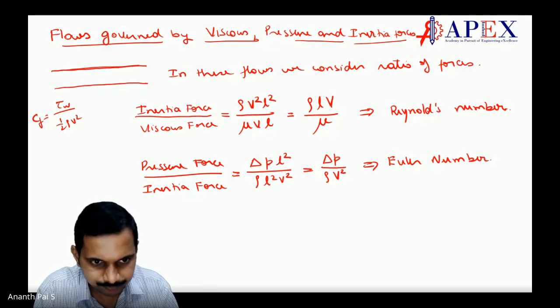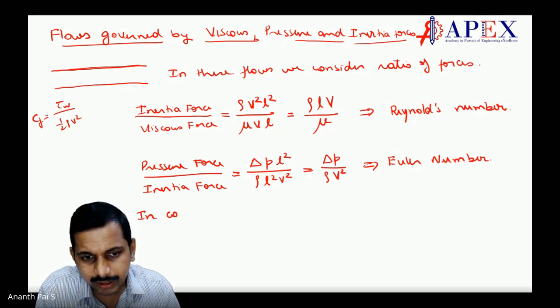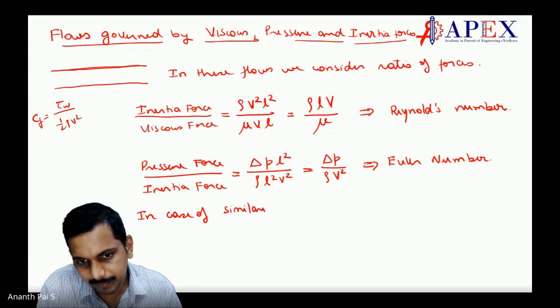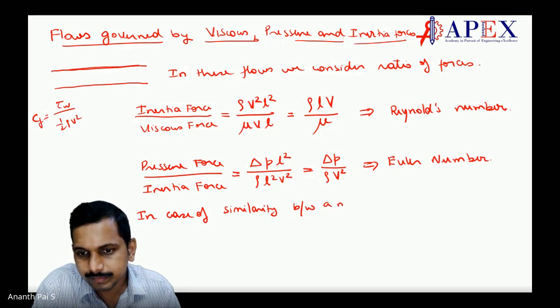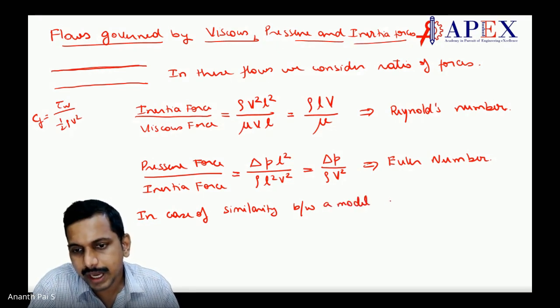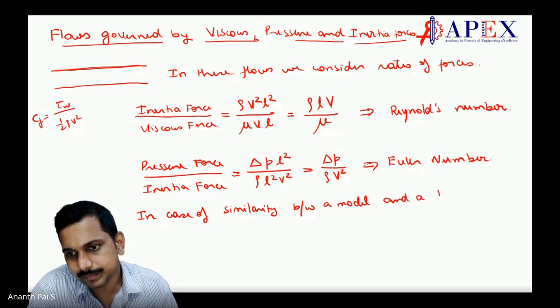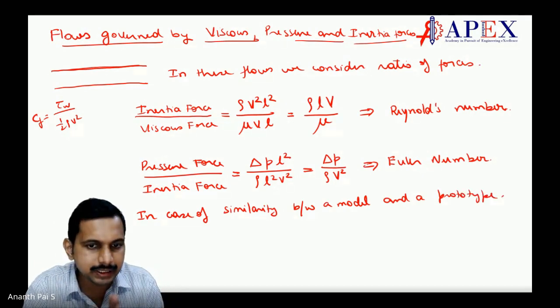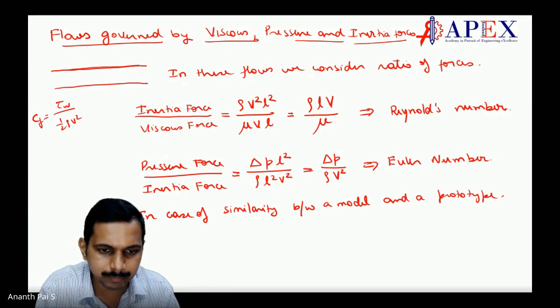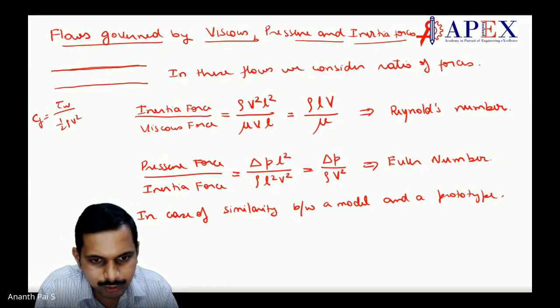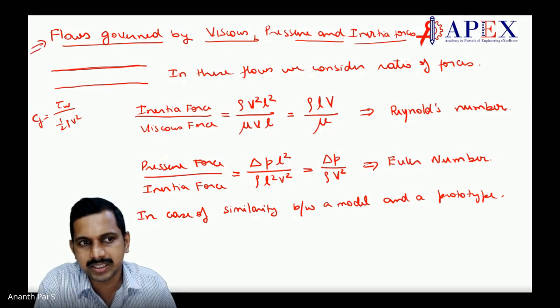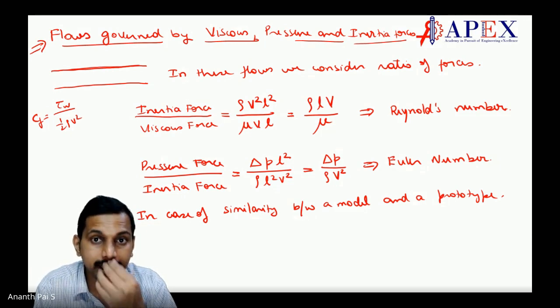In case of similarity between a model and a prototype, what should happen? In case of Reynolds number, if the flows are governed by these three things, then two types of similarity have to be there.